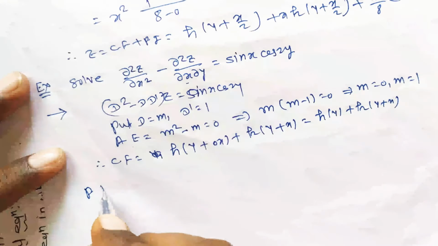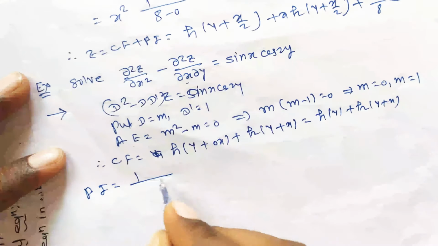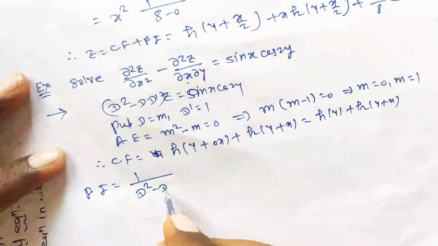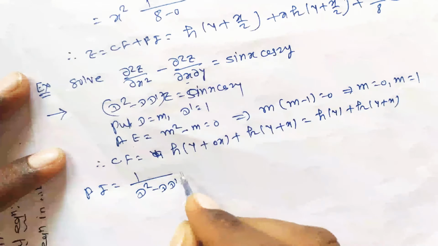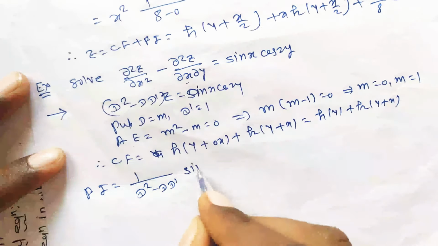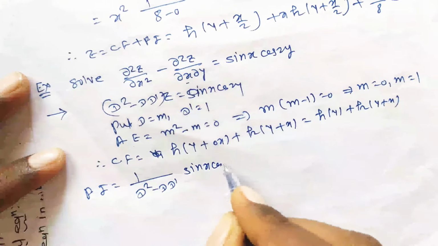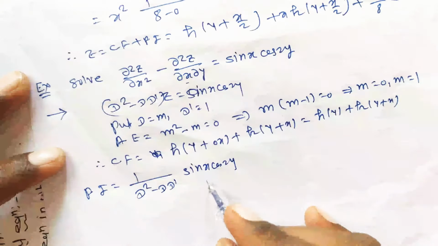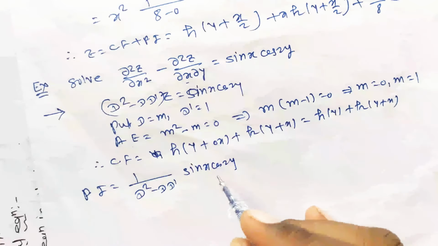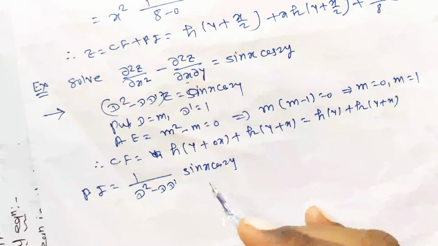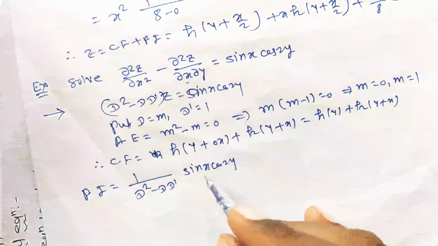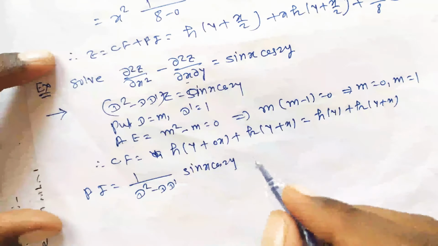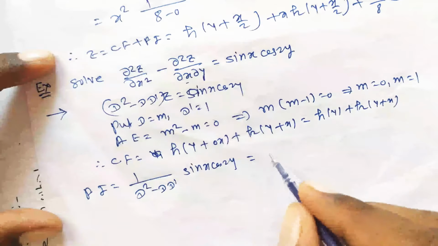Now the particular integral is 1 upon D square minus D dash into f of x y. f of x y is sin x into cos 2y. So how do we find the particular integral here? We know the formula for sin of ax plus b or cos of ax plus b, so we have to split sin x cos 2y using the sin a cos b formula.